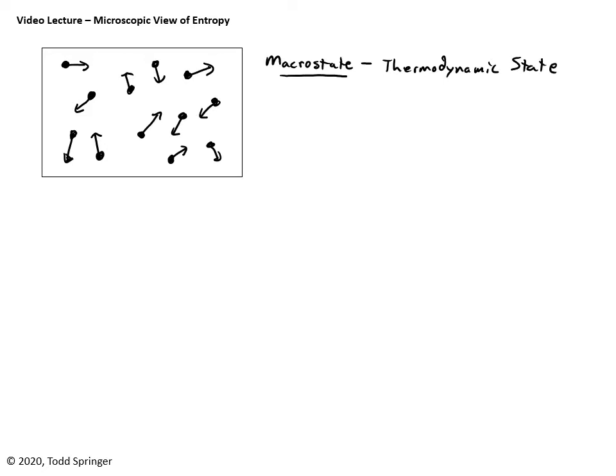Thermodynamic state is specified by state variables like the pressure, the volume, the temperature, the entropy, the internal energy, all of these things. So it has all of these properties. It has a pressure, a volume, a temperature, entropy, internal energy. So that's the state, that's the macrostate of the system.